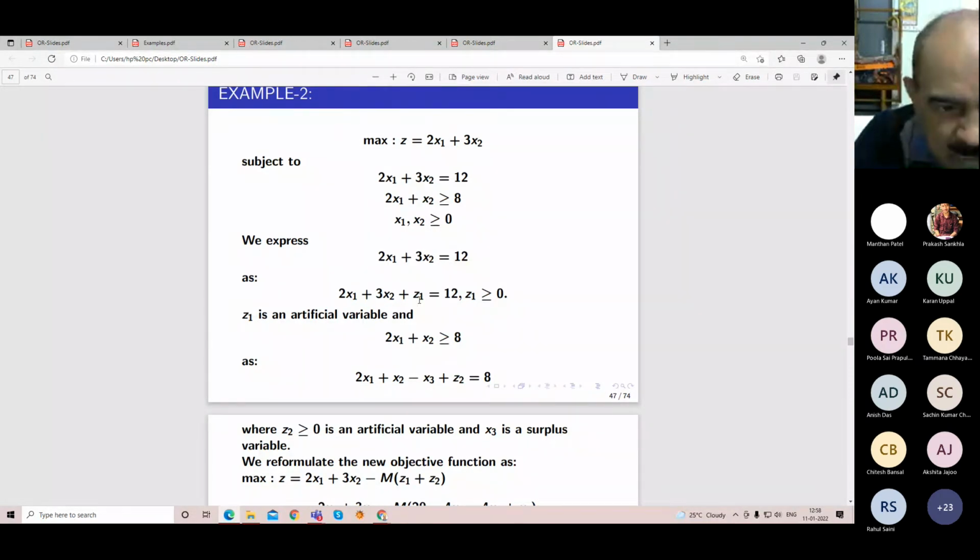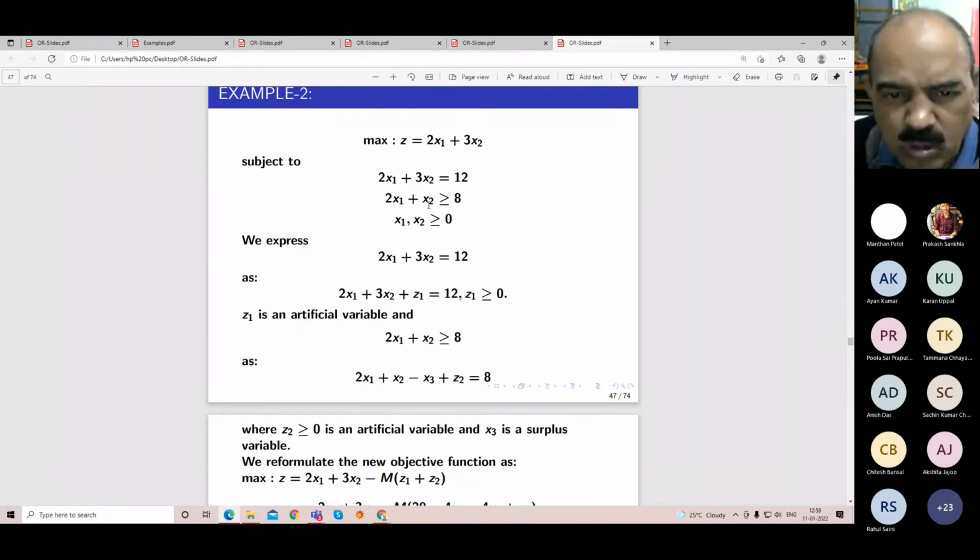If the artificial variable cannot be made 0, then we conclude the problem is infeasible. Now the second inequation, 2x1 plus x2 greater than or equal to 8. We write it as 2x1 plus x2 minus x3 plus z2 equal to 8, where x3 is a surplus variable and z2 is an artificial variable.